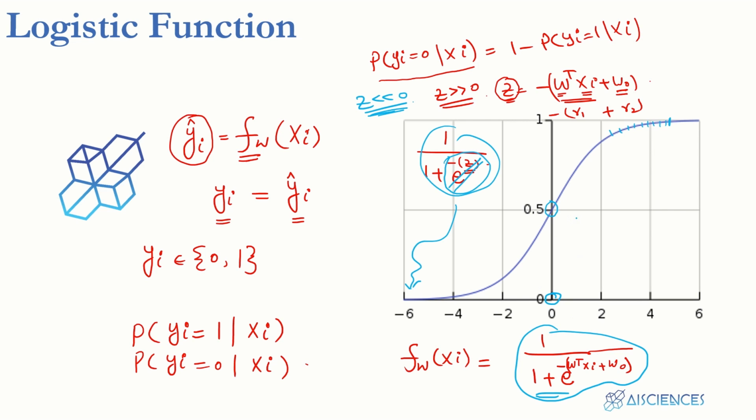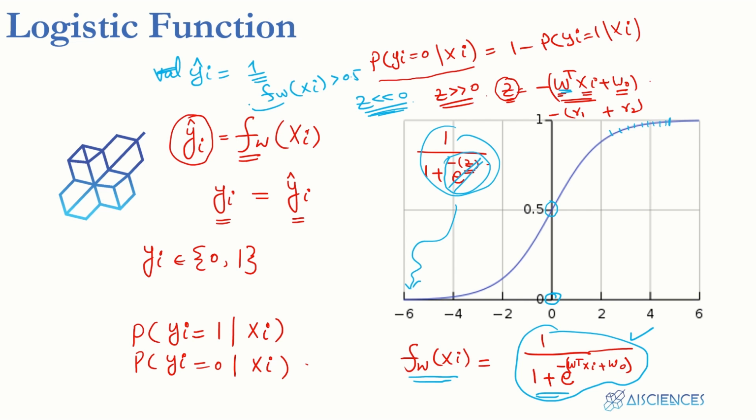So the whole goal is to come up with these w parameters. And this particular function, by the way, is known as the logistic function. It is also called the sigmoid function, and it has very good implications in neural networks. So if we have this f_w function in this way, then we can just threshold: we can assign the prediction value y hat i to be 1 if this value at x_i is greater than 0.5.